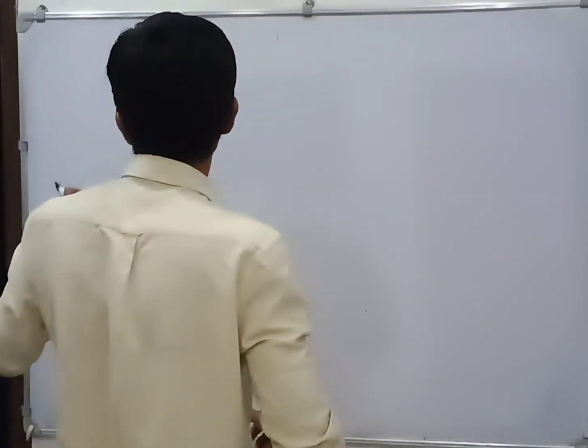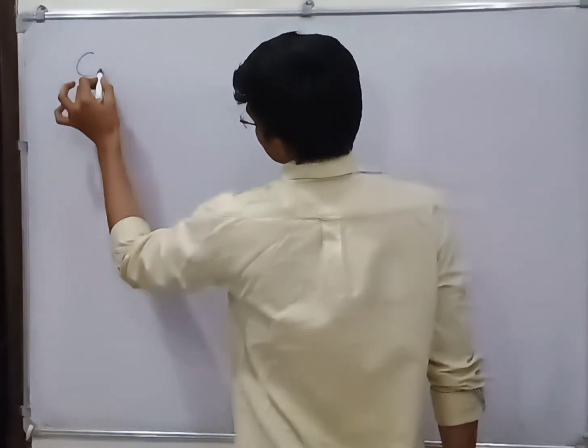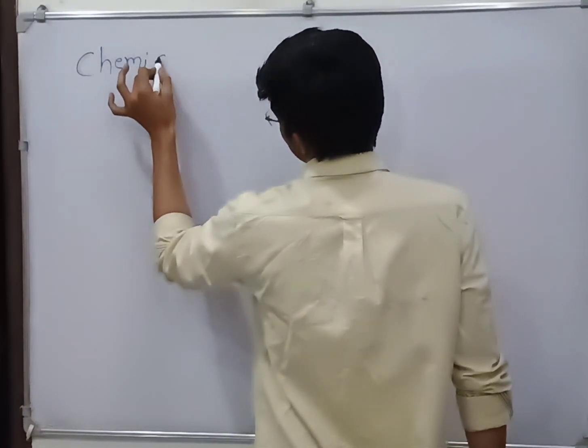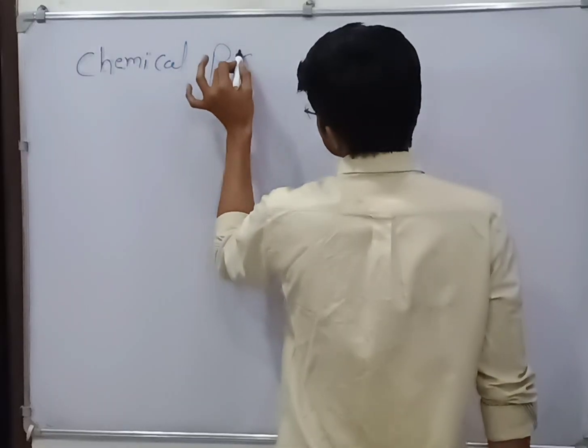So the next part is chemical properties of haloarenes.